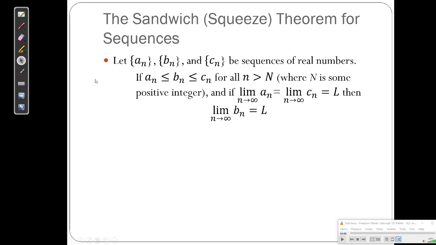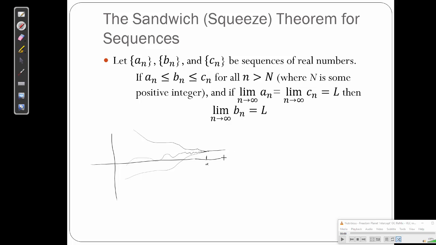It's called the squeeze theorem because if you think about it in function form, if you've got two functions both approaching the same value here at a, and you've got something in between, well, because it's sandwiched or squeezed in between, it has to approach the same limit.